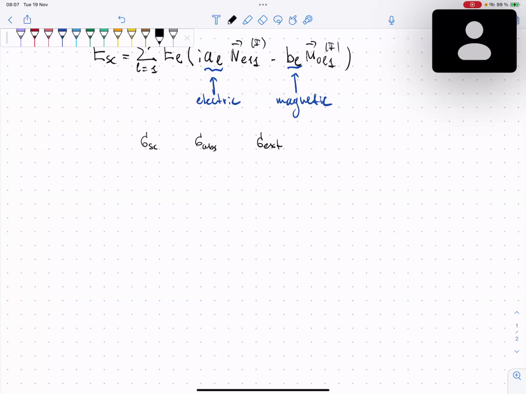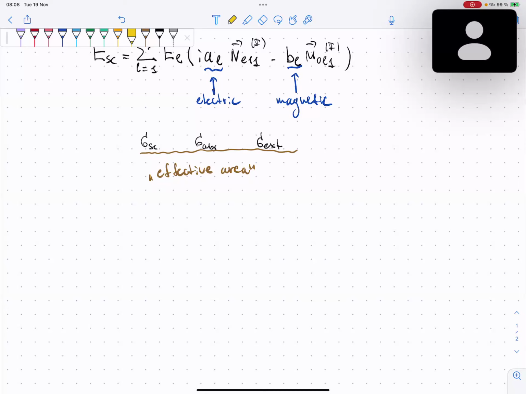And basically the physical meaning of these cross sections is an effective area. For the scattering cross section, it's the effective area that our photons, the electromagnetic field, feel when it scatters on an object.